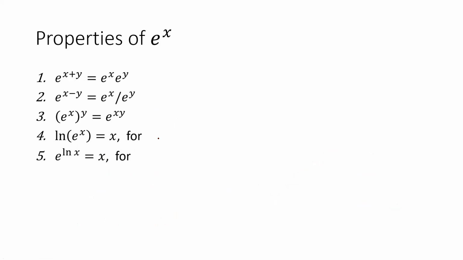And then the last two here are properties of inverse functions. So ln of e to the x is equal to x for all x, versus e to the ln of x is equal to x only for positive x, because of course we know that ln of x can only be evaluated for positive x.